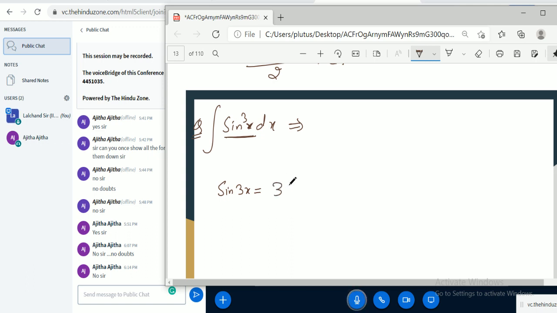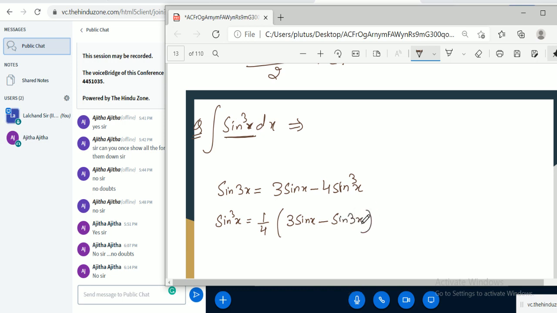Sine 3x equals 3 sine x minus 4 sine cube x, isn't it? So what is the value of sine cube x? If we rearrange this equation, then the value of sine cube x will be 1 by 4 times (3 sine x minus sine 3x).